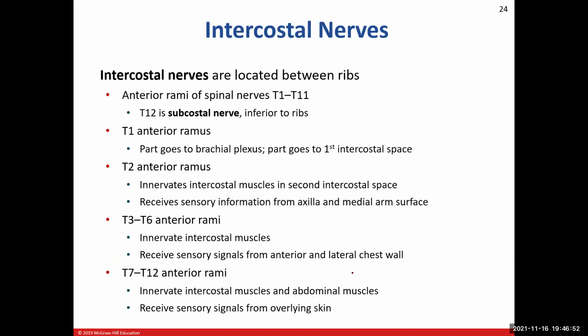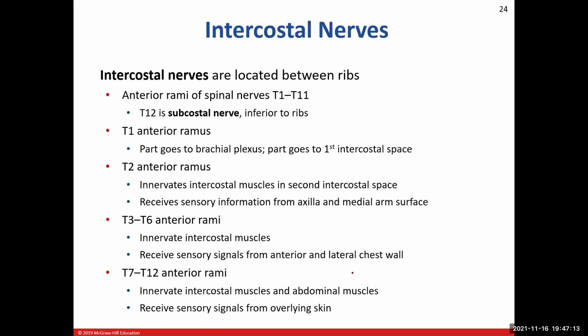So before we get into all the different rami or plexuses, let's talk about our intercostal nerves. Obviously, you look at the name and dissect it and say, all right, this is a nerve that's going to be located between 2 ribs, right? And you are correct.